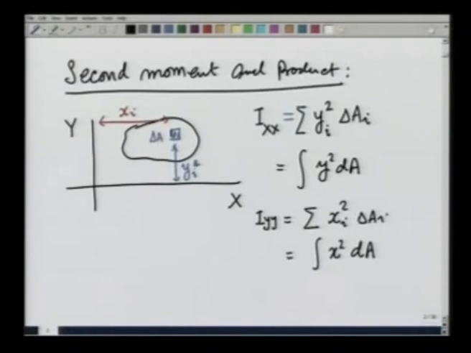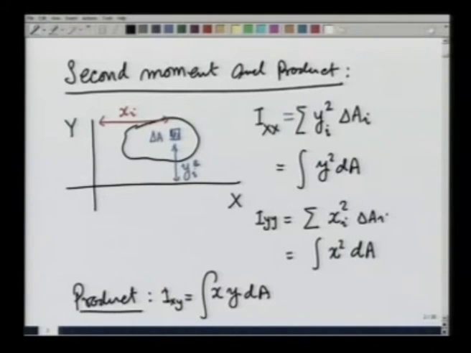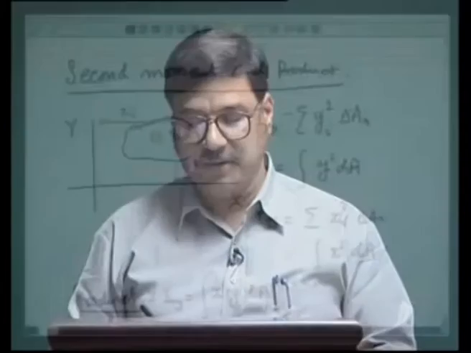These are just mathematical definitions. And then the product of this area is defined as integral x y dA, and I am going to call this Ixy equals this. So, we have defined the second moment of a plane area and product of a plane area.